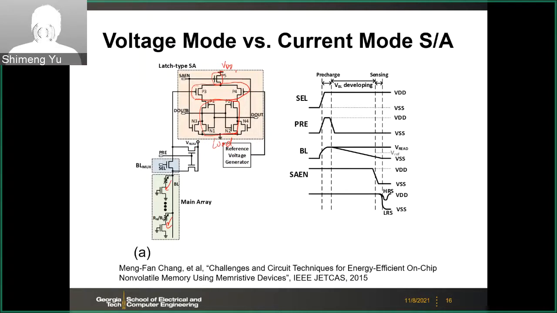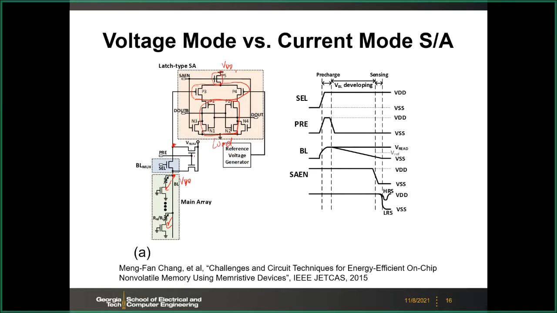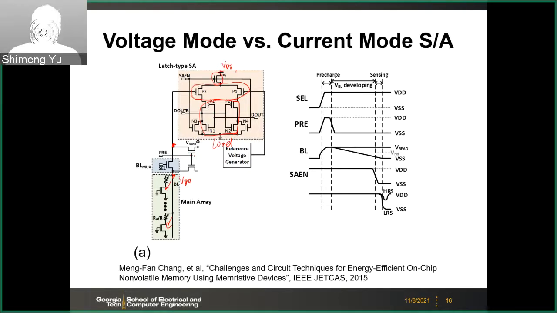So in this example, what you will do is pre-charge this bit line through this pre-charge signal. You can pre-charge here and pre-charge here to, for example, your VDD. And then depending on the memory cell you select, this is unselected, so the word line will be grounded.